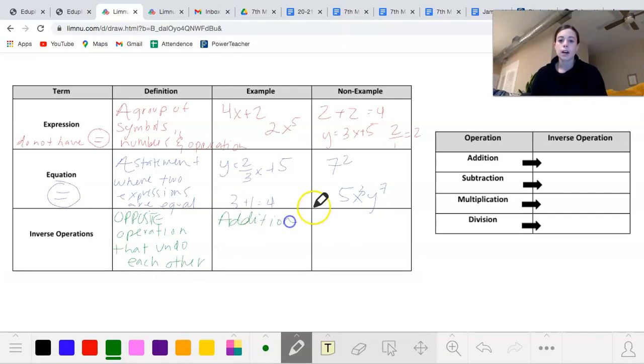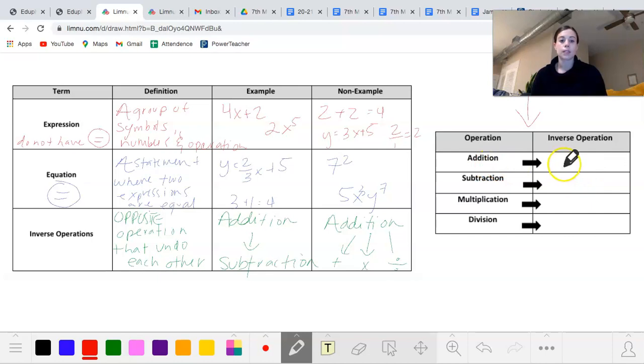What's the opposite of addition? Subtraction. What would not be the opposite of addition? Addition is not the opposite of addition, it's the same thing. Multiplication is not the opposite of addition, and division is not. There's only one opposite.